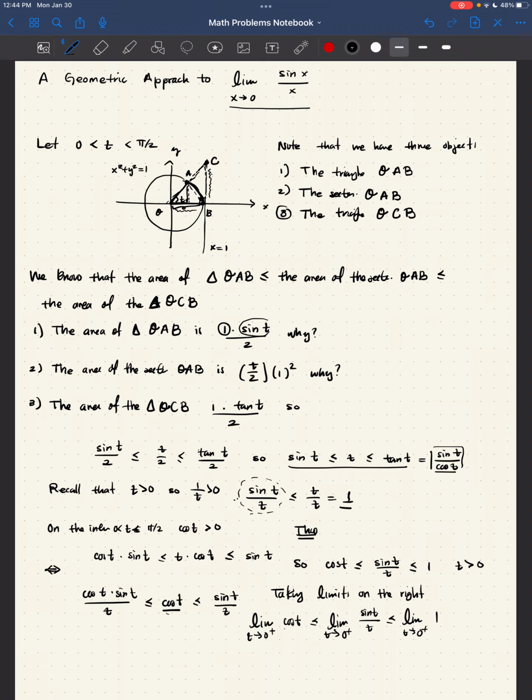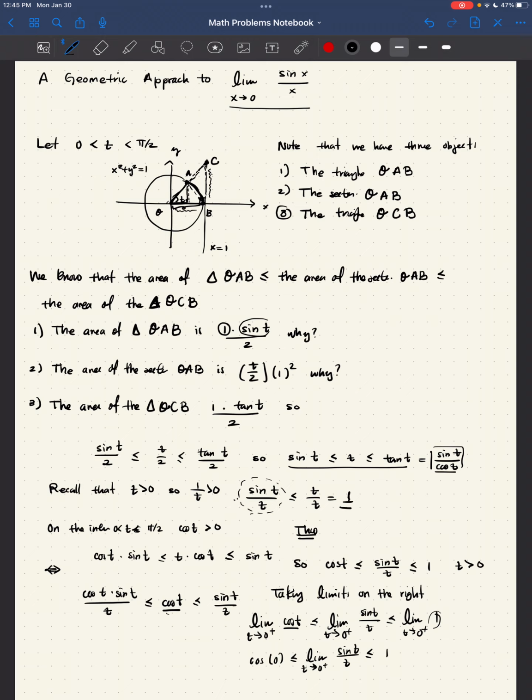Of course, cosine is a continuous function, and for a continuous function you just ask for evaluation. So this is that the cosine of 0 is less than or equal than the limit as t tends to 0 on the right of sine of t over t, which now, this being a constant, hence continuous, is just less than or equal than 1.